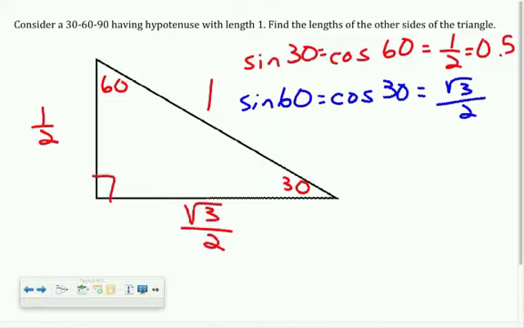And then the tangent of 30, that's opposite over adjacent, so that's 1/2 over radical 3 over 2. Oh, let's not do that. Let's multiply by the reciprocal, so 2 over radical 3.